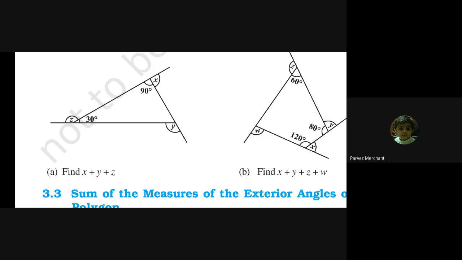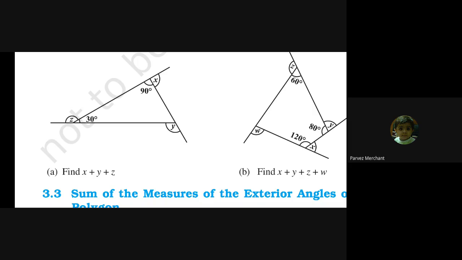Now in the angle sum property, we are doing the angle sum of exterior angles, and this is most important. Please listen and remember this. In any polygon, the angle sum of the exterior angles is always 360 degrees. Do you get it?